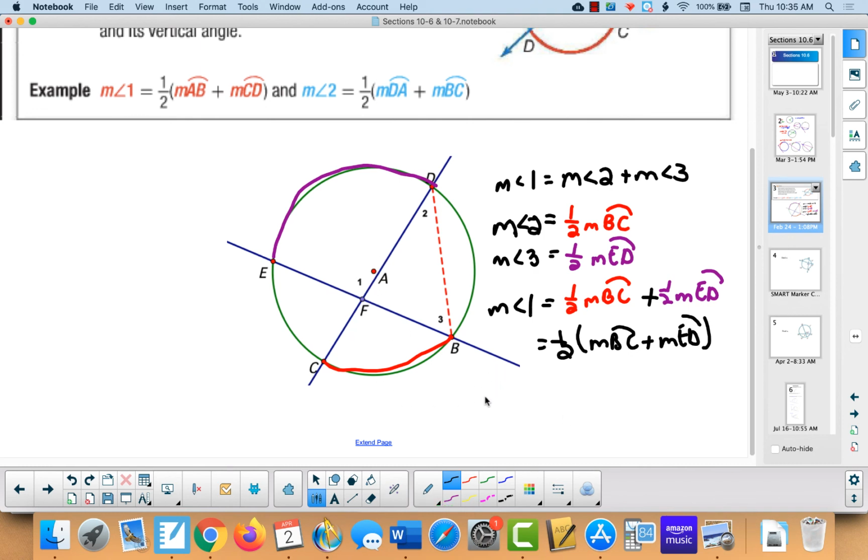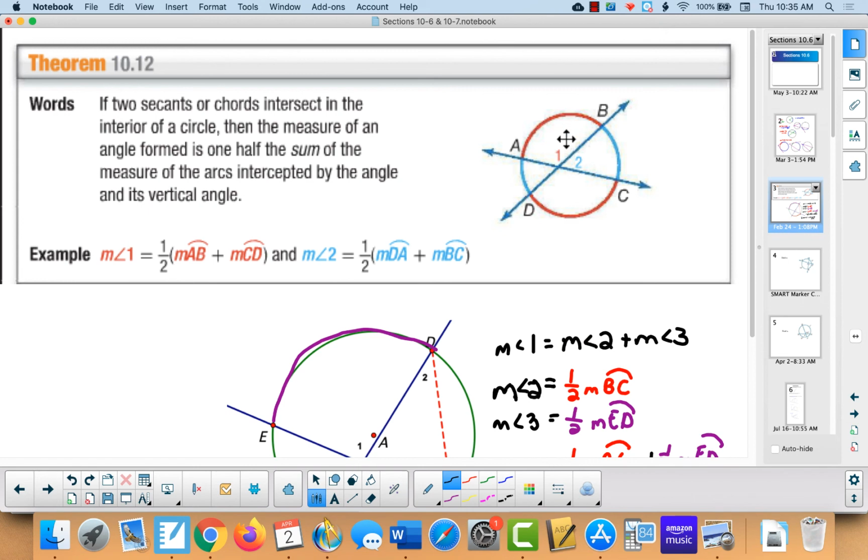So we can say that the formula for when two secants or two chords are intersecting inside a circle is that the angle is going to be 1/2 the sum of the two intercepted arcs. So that's the formula that we have up here. These two angles, angle 1 and its vertical angle, are equal to 1/2 the sum of these two arc measures. Angle 2 and its vertical angle are equal to 1/2 the sum of these arc measures.